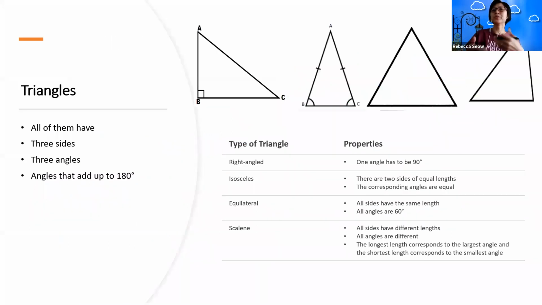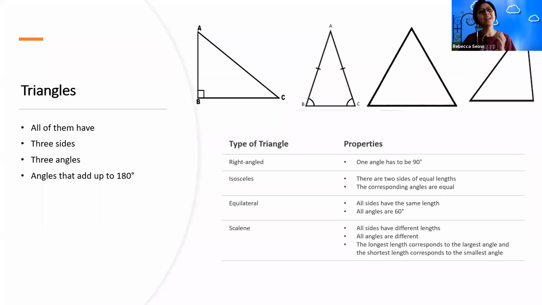Next, we're going to move on to triangles, and let's explore the properties of triangles. Now, triangles are shapes with three sides, and with three sides come three angles. And all the angles will add up to be 180 degrees. I trust that in primary 4, you will have learned how to measure angles using a protractor.